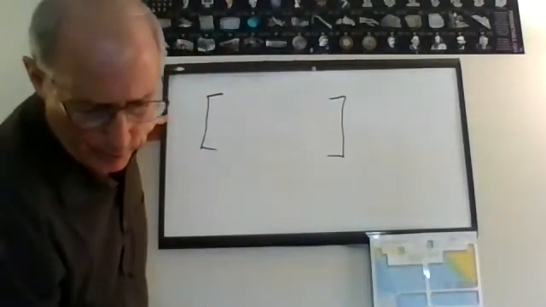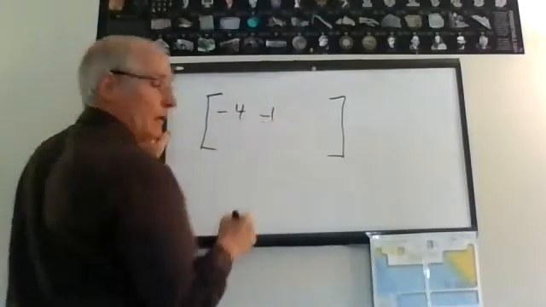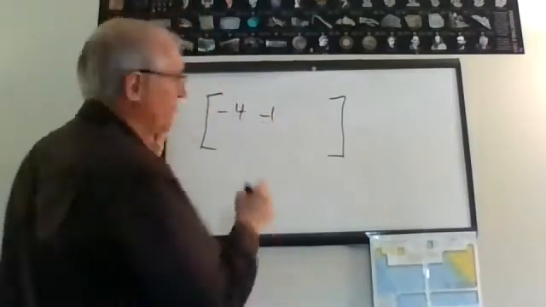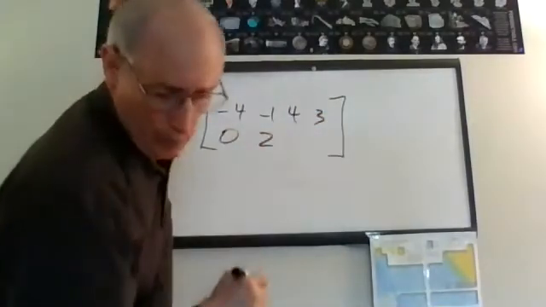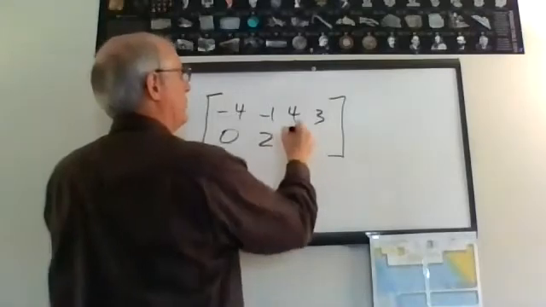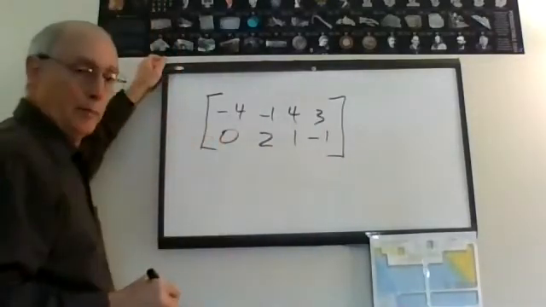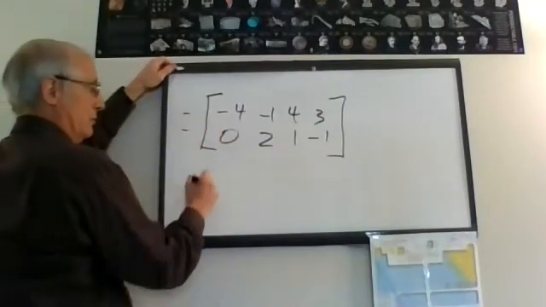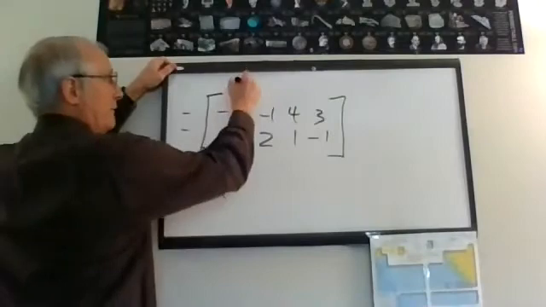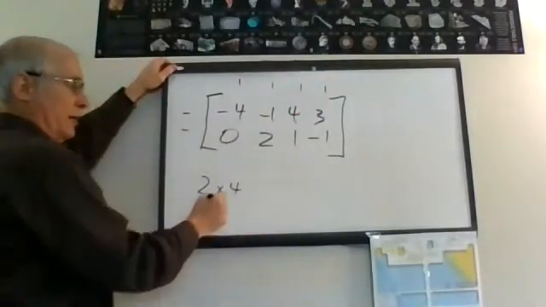It is -4, -1, 4, 3, 0, 2, 1, -1. Now, do you notice the dimensions of this matrix are 2 rows by 4 columns? It's a 2 by 4 matrix.